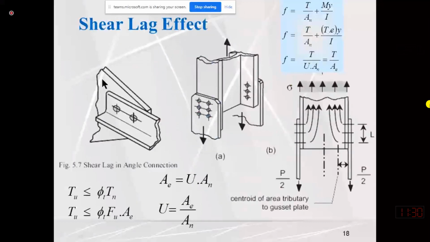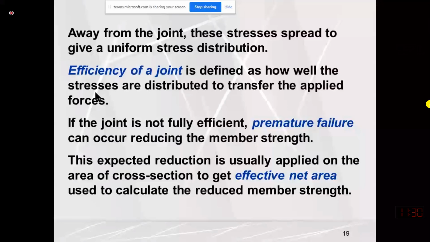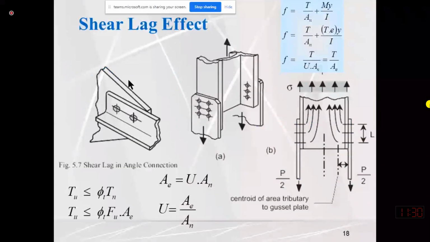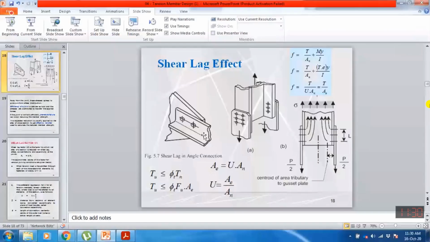In this diagram, we are taking the distance from this outer face of the gusset plate to the centroid of this angle section. That will be referred to as x bar.